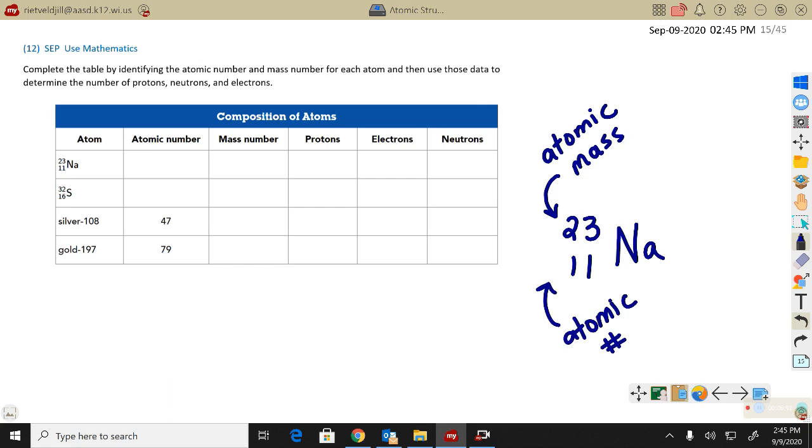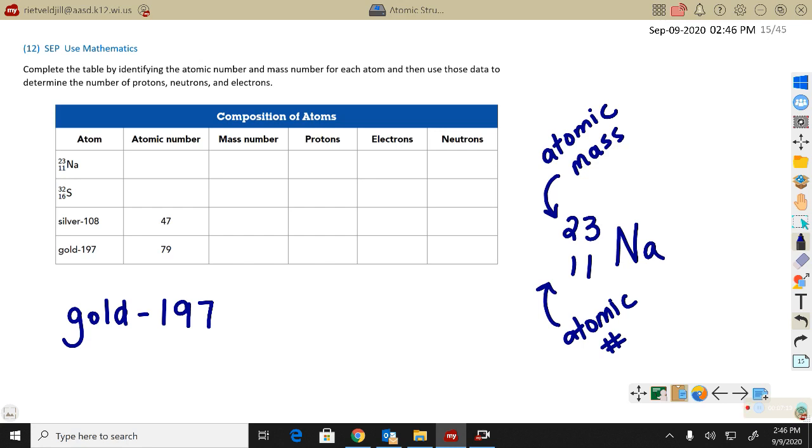Now, there is another way of showing the same information, and it's like what they're doing down here when they wrote gold dash 197. Here's the deal. If I have a periodic table handy, I can look up gold.